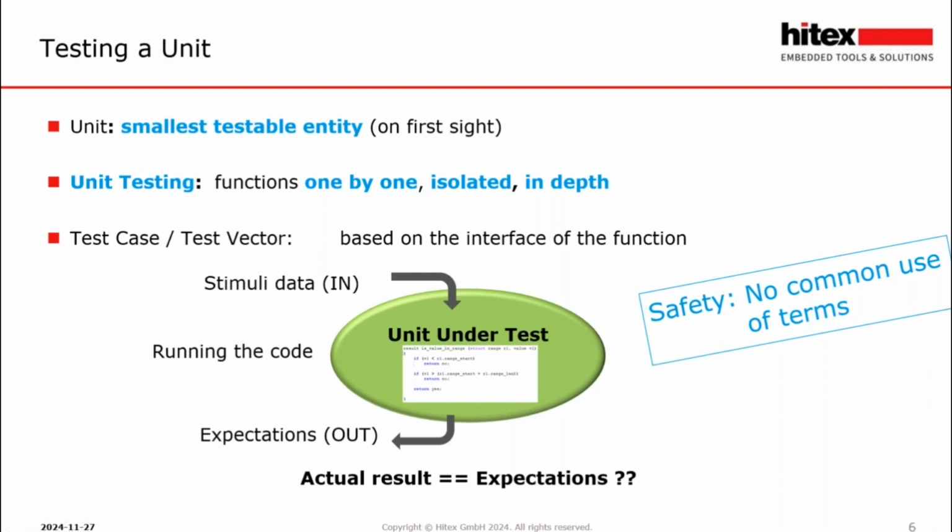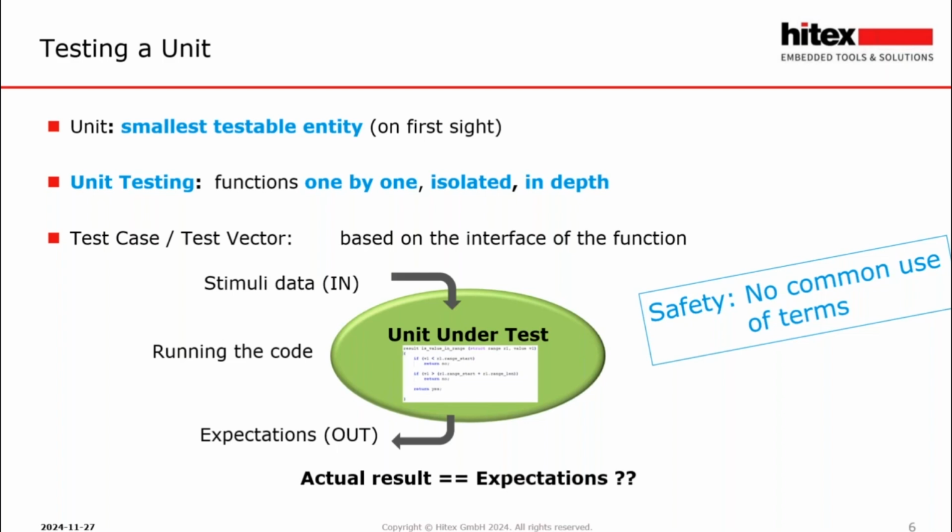Okay, what's going on here? We have the function. We will provide data. For example, we have the start and the length of an interval, and we have a value to check if it's inside or not. So we have stimuli data, which is the input: range, length, the value, and we have expectations: inside or not inside.